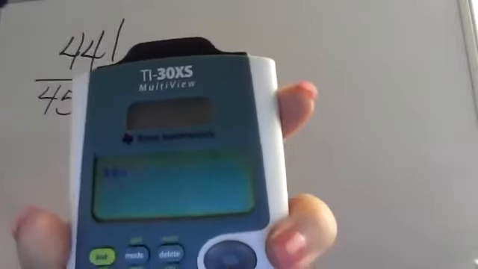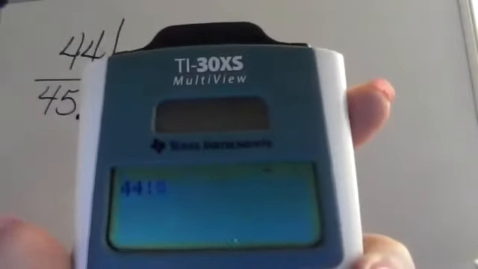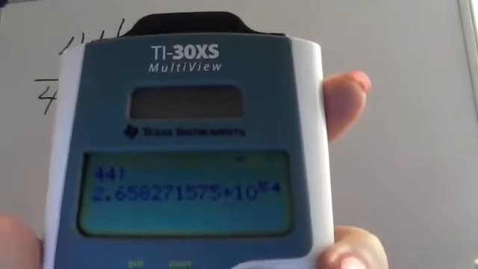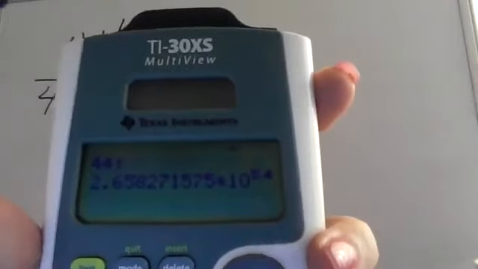Factorial is a probability function. So we're going to go to the probability button. And we found out yesterday that number 3 is our factorial. That's where we get our exclamation point. So it should look like this on the screen. And we press enter. And wow, it's a huge number.